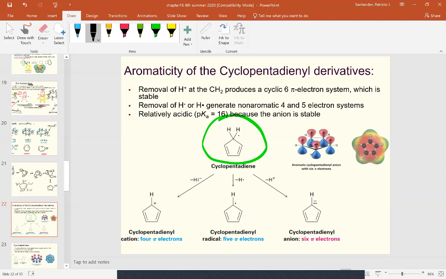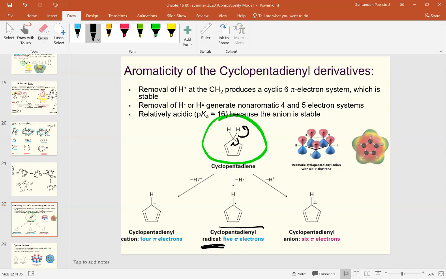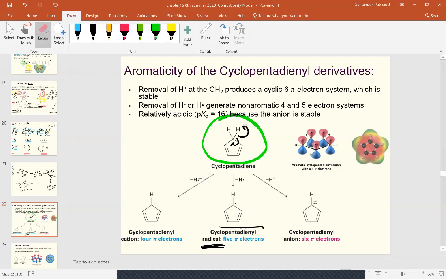If I remove just one hydrogen atom, I need to use the fish hook arrow. One electron goes with the hydrogen, the other electron stays on the carbon. What we obtain out of that will be a cyclopentadienyl radical. There is no charge here. This is a radical.